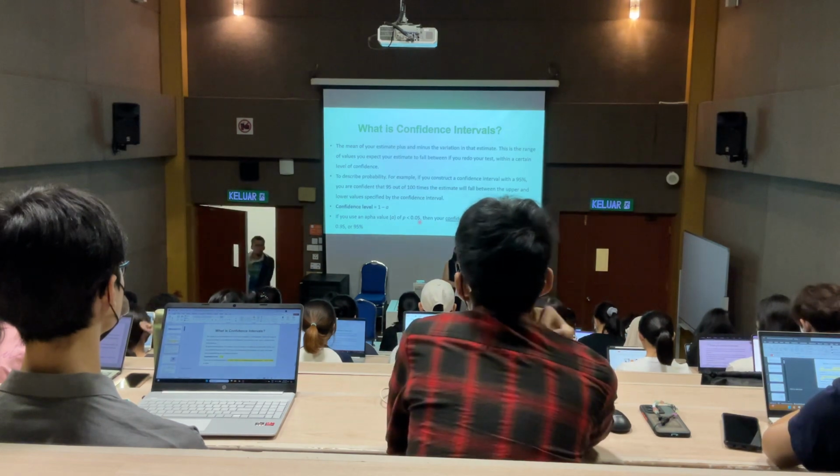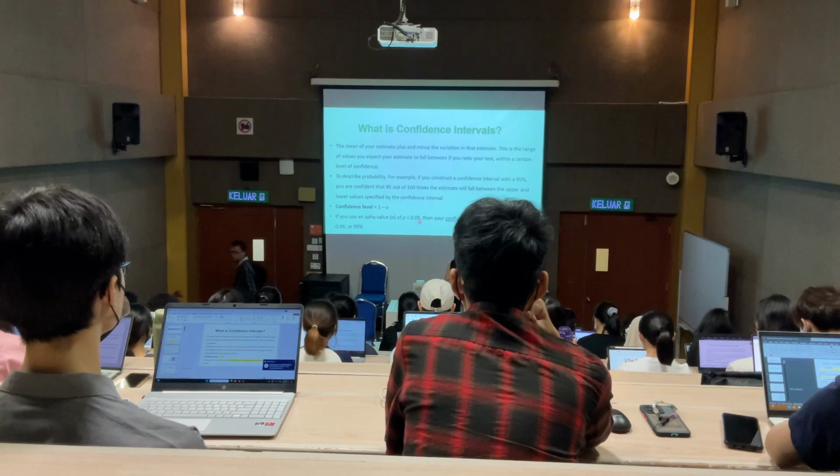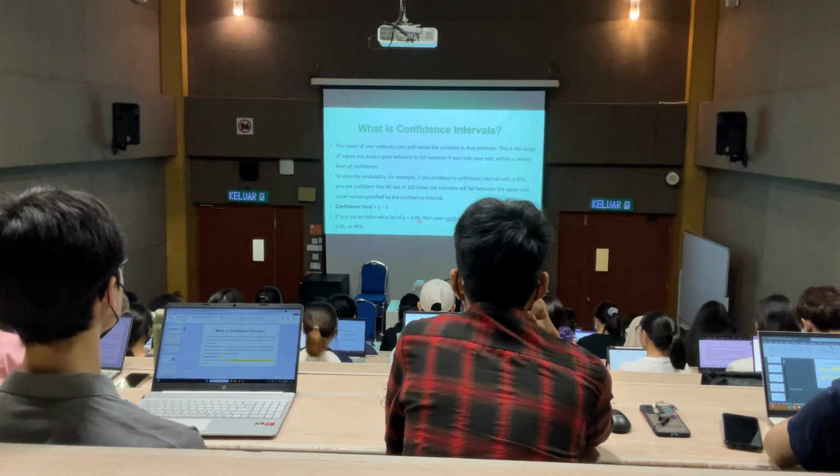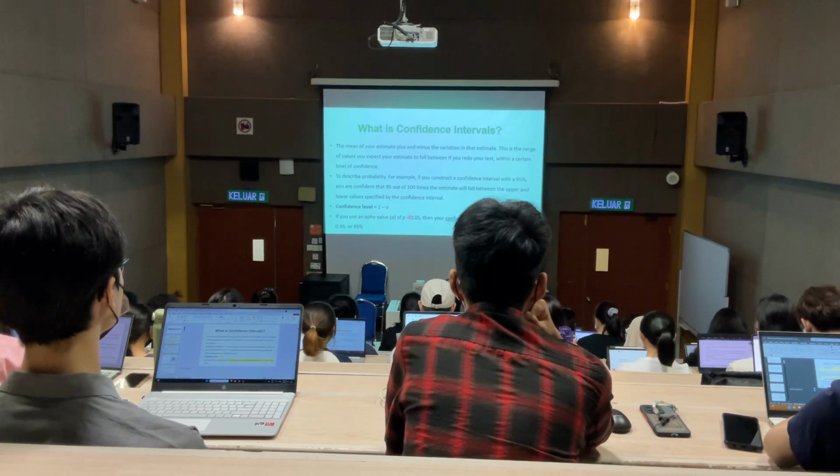So let's say you want to set your confidence level at 95%, which means that your alpha value will be 0.05. Your confidence level will be 1 minus, remember the formula, 1 minus the alpha value. So it will be 1 minus 0.05, then it will be 95%.